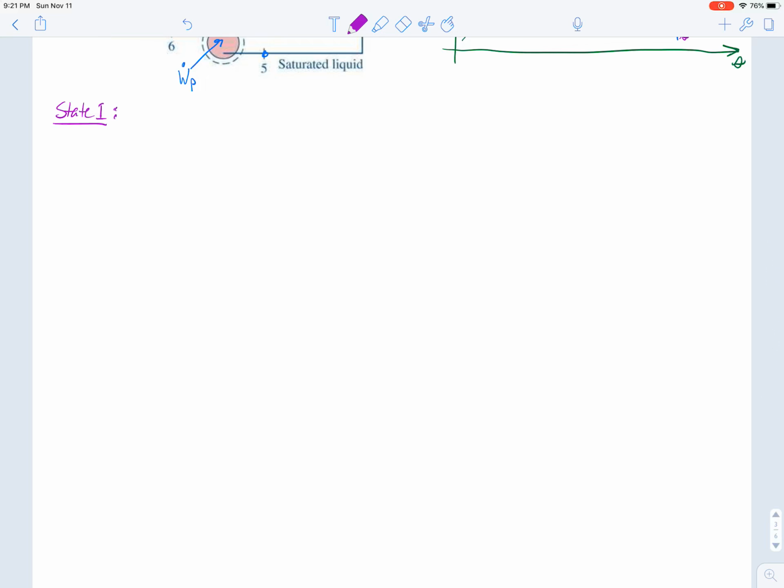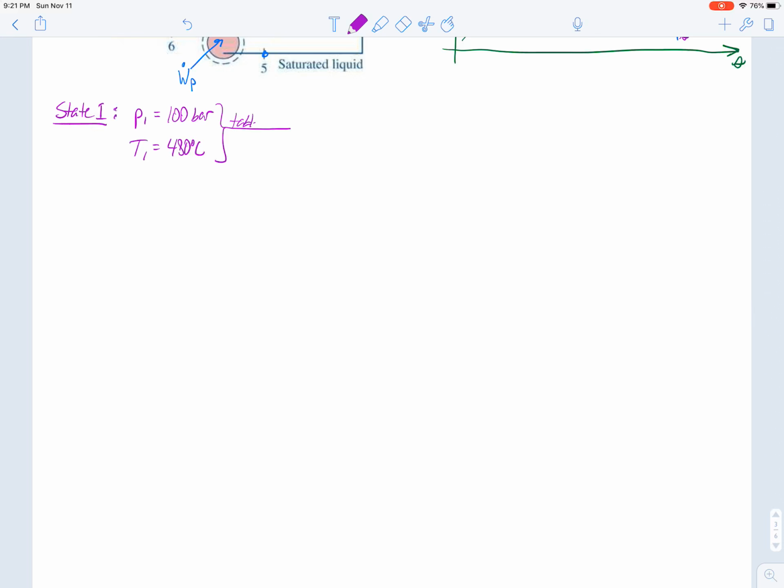State 1, I know the pressure is 100 bar, and I know the temperature is 480 degrees Celsius. I have two independent properties to fix the state.